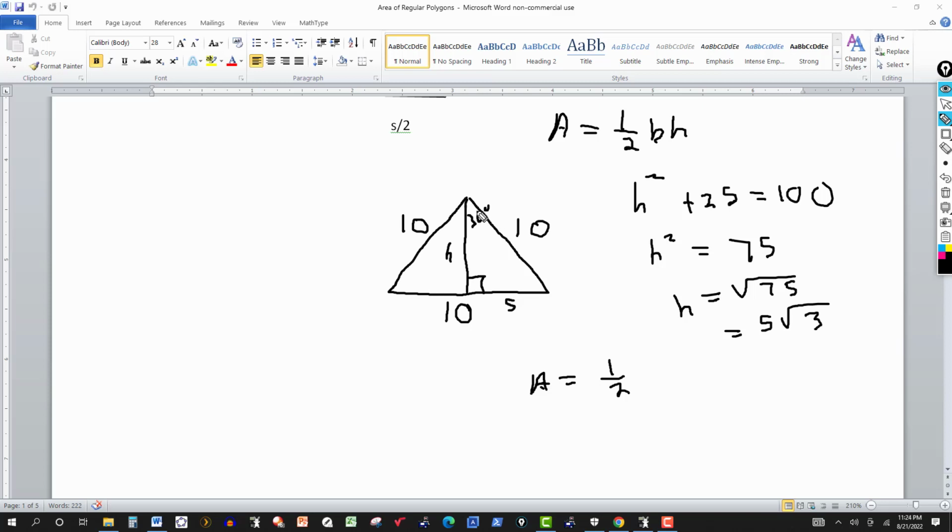But here, we're looking for the large triangle, so the base is 10. That's the base. And then the height is times, so this would be 5 times the square root of 3. 2 goes into 10, 5. 5 times 5 is 25. So the area of this triangle is 25 times the square root of 3. And that's the same thing we got using the other formula with the apothem and so forth.